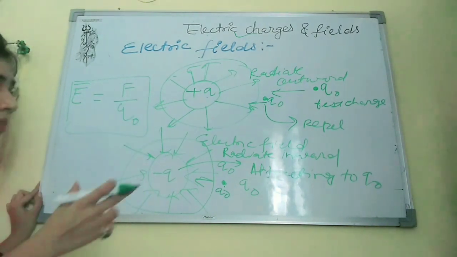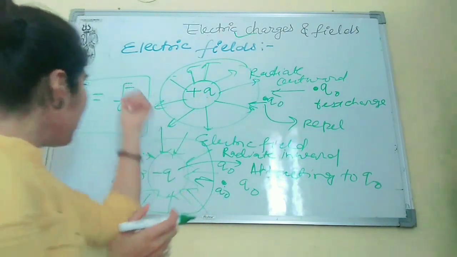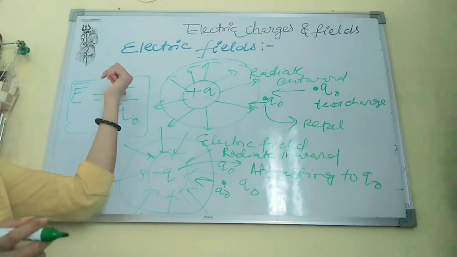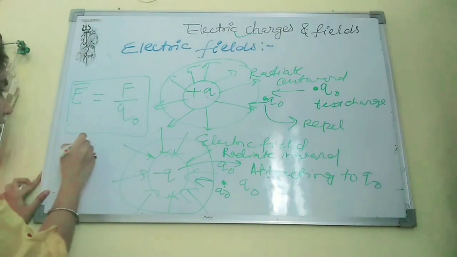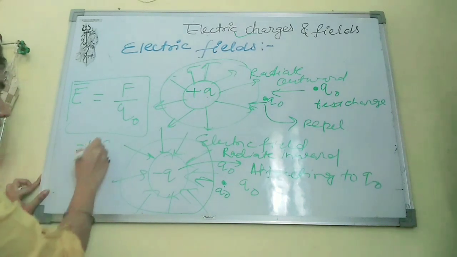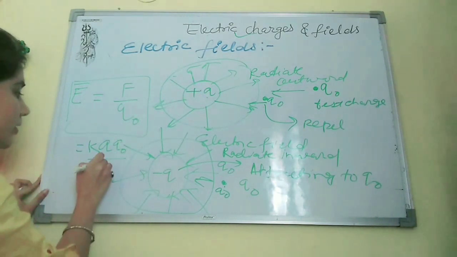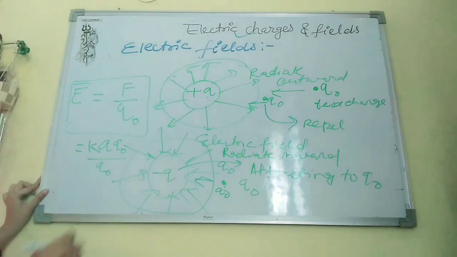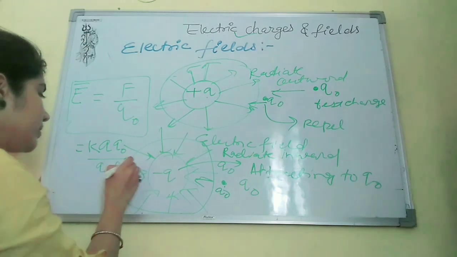Because F is the force between two charges, Coulomb's law will be valid, so we directly put the formula of Coulomb's law: K Q Q naught upon L square, where L is the distance.